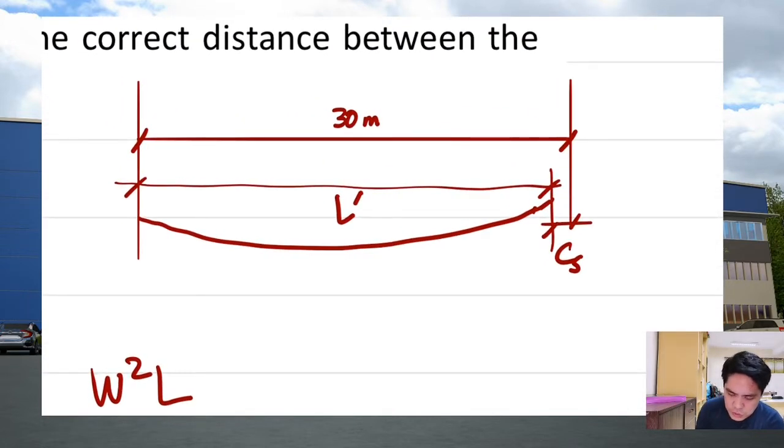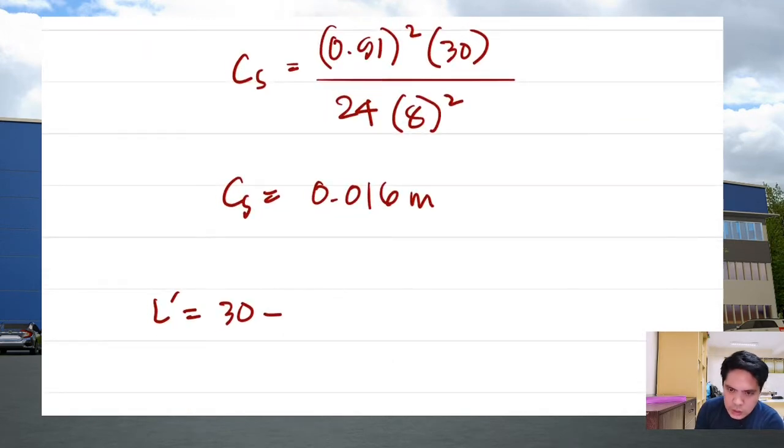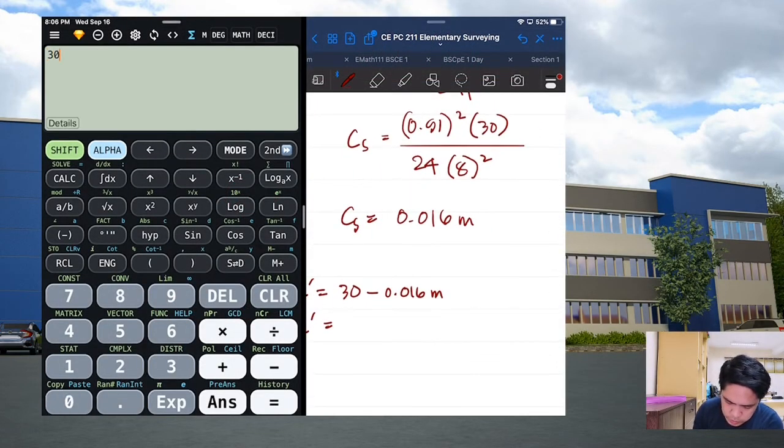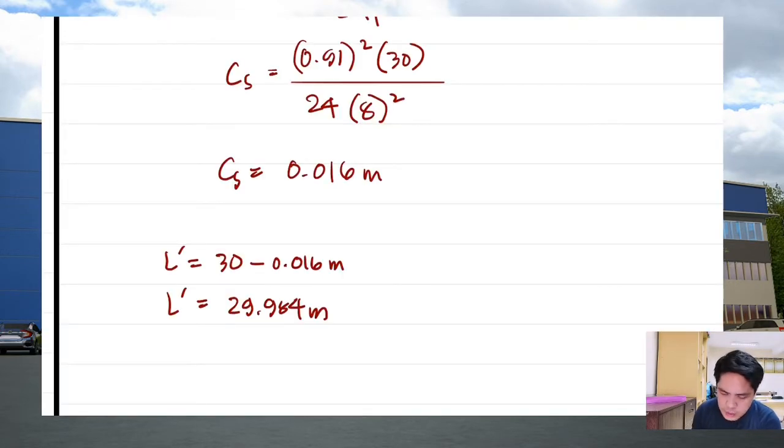The tape becomes too short. So that's 30 minus 0.016 meters. So therefore, the length of both ends, instead of 30 meters, it's only 30 minus ito. So that's 29 point something. That would be 30 minus 0.016. So the ends of the tape is just 29.984 meters. Yan. Ganun lang siya kadali.